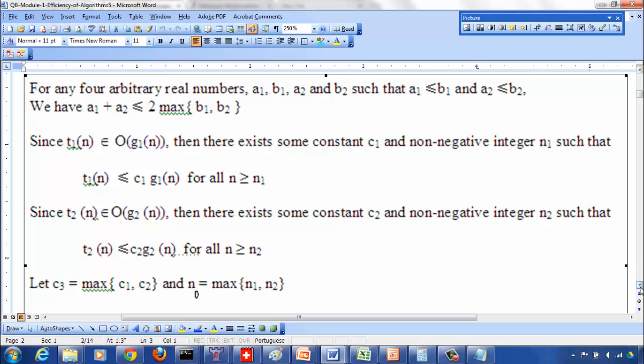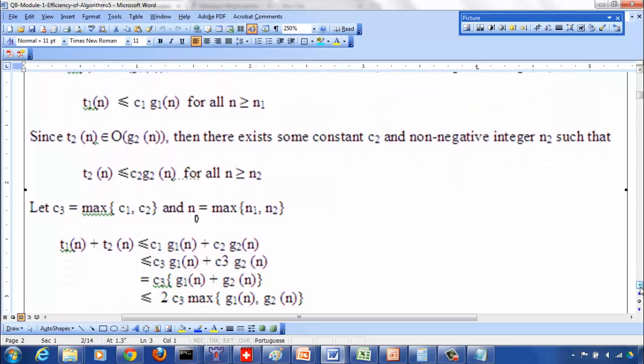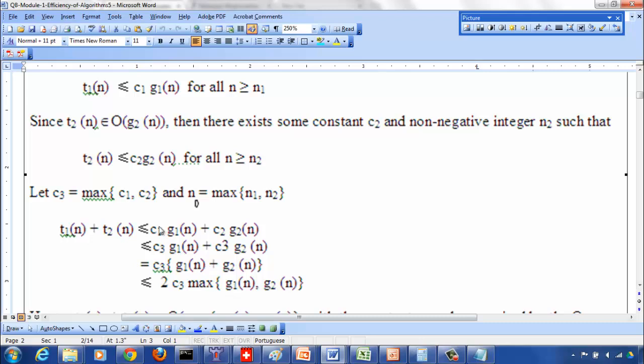Now t1 plus t2 is going to be less than or equal to c1 g1 plus c2 g2, because t1 is less than or equal to c1 g1 and t2 is less than or equal to c2 g2. Now we are going to get rid of c1 and c2 and introduce c3.